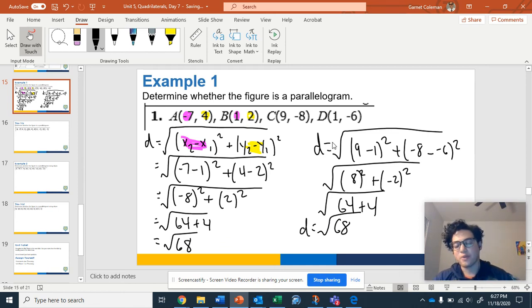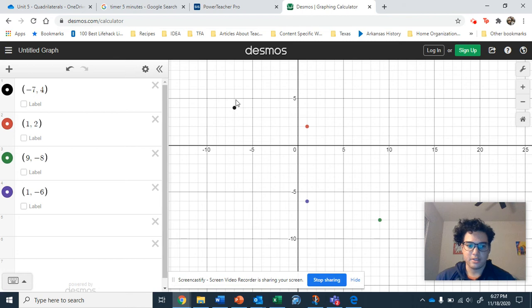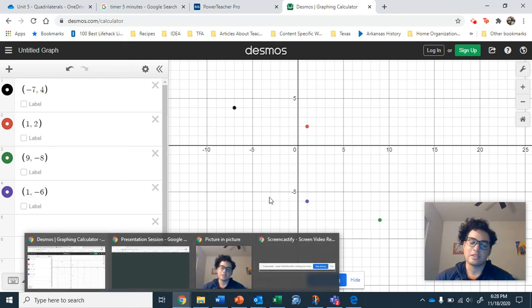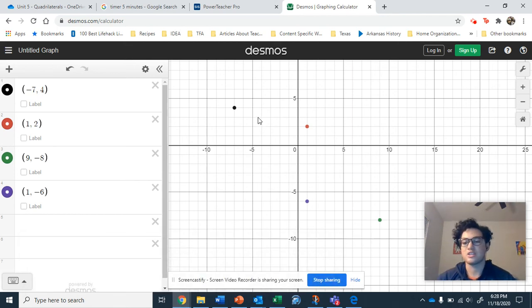And now afterward, I would do the same for the other ones. I would do AC and AD. So the black to the purple, and then the green to the red. And I would use the distance formula to check those, and we're going to check to see if those are equal.